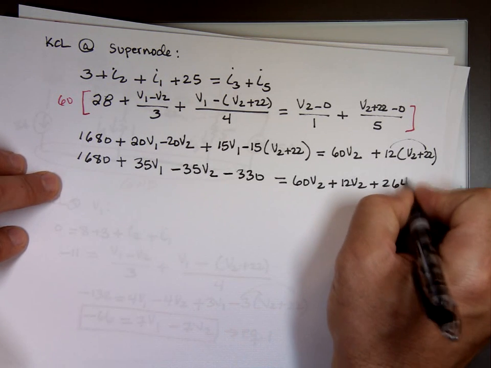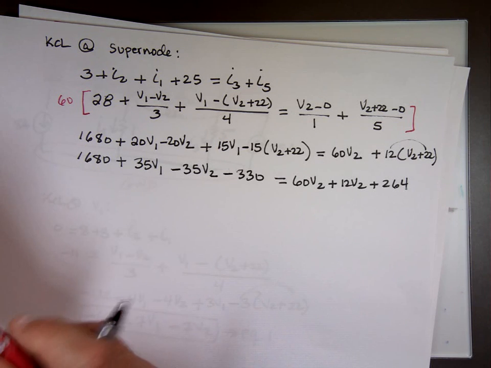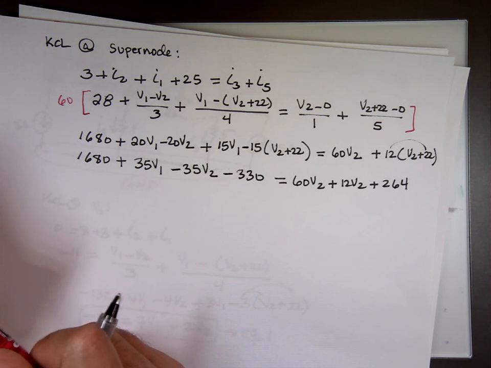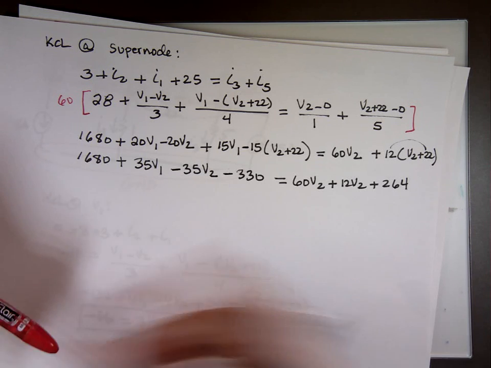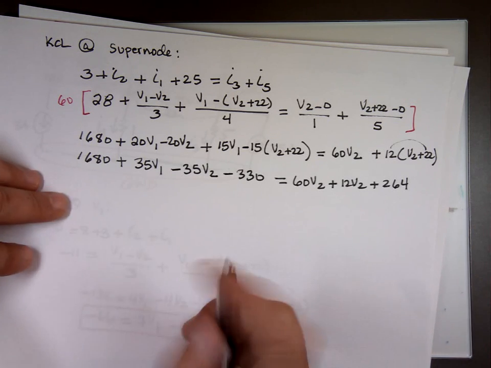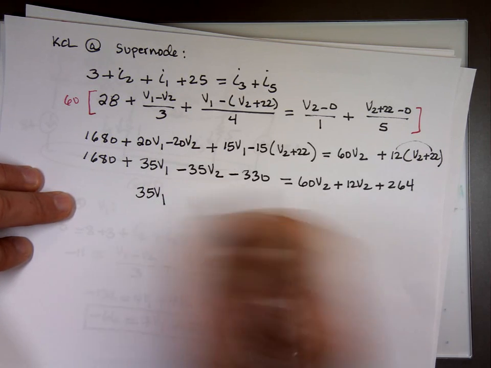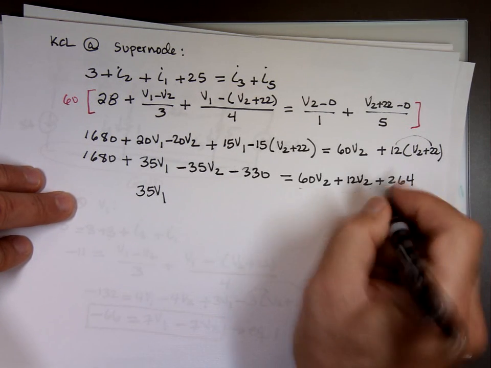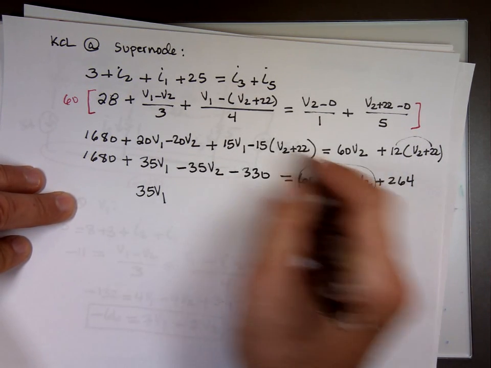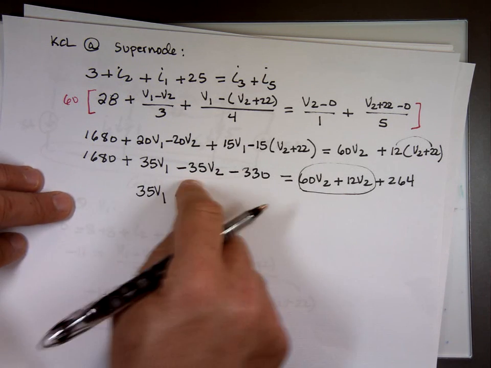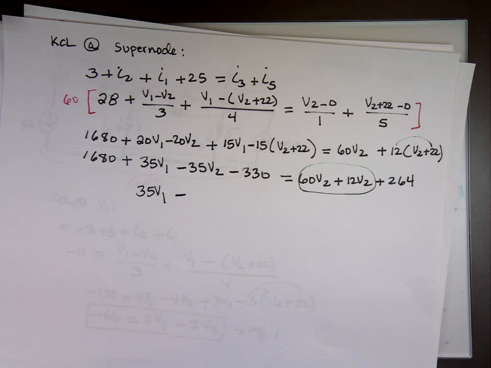Can't you make that 72 V2? 72 was 60 V2 plus 12 V2. Yep, I'm going to put them together now. So I have 35 V1. You said this is 72, right? When you bring it to this side, it becomes a negative. You can add it to that one. What's 72 and 35? 107.